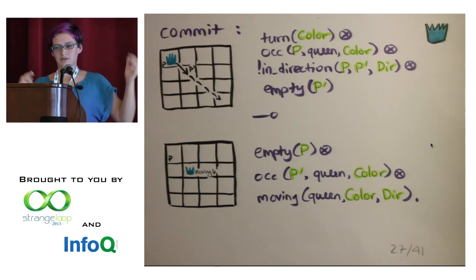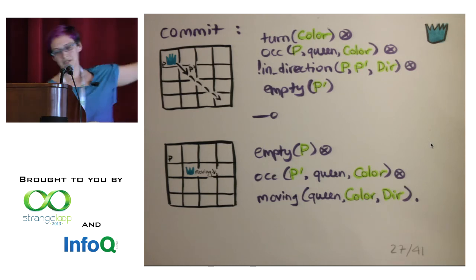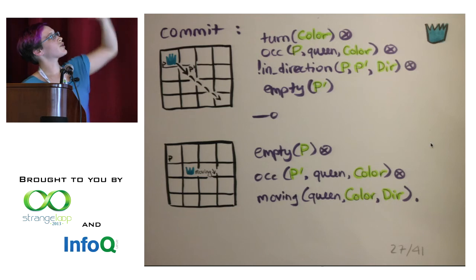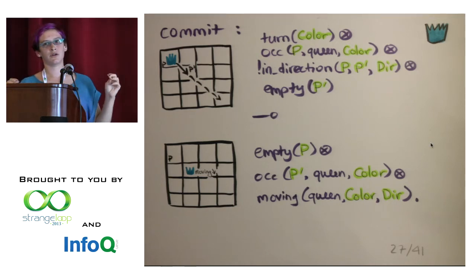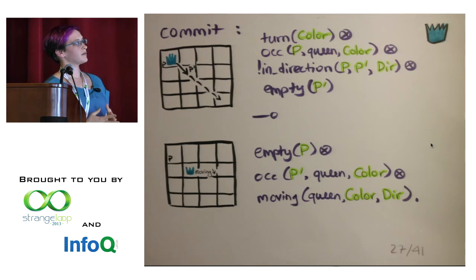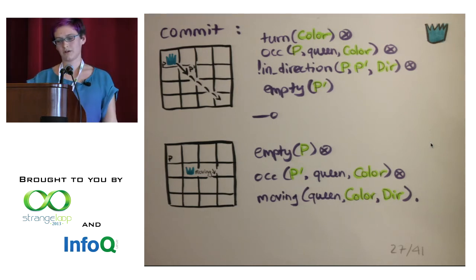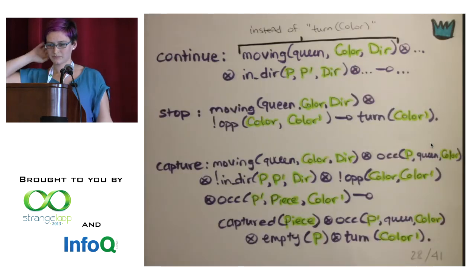So then now we transition to, okay, now the old space is empty, the new space is occupied with the queen, and also there's this additional, so instead of replacing turn color with turn color prime, it's now kind of like the middle of a turn. So we have this other predicate moving, which says now the queen of that color is moving along that direction.